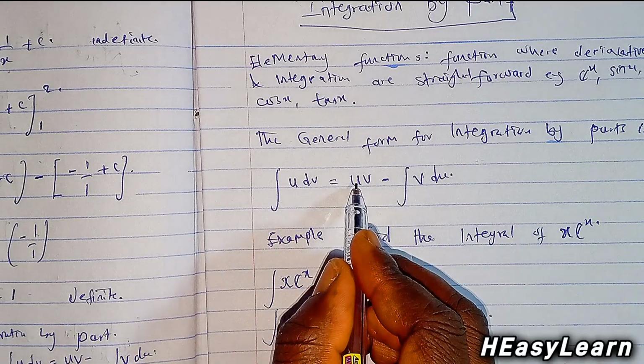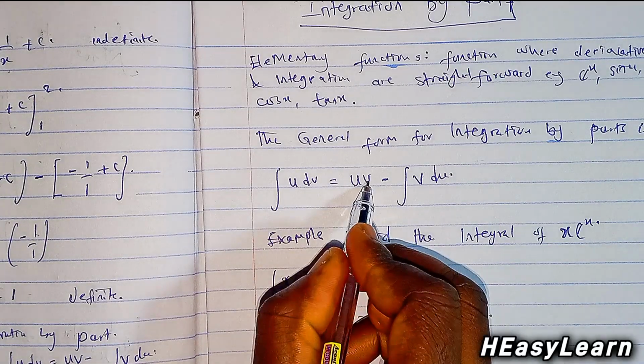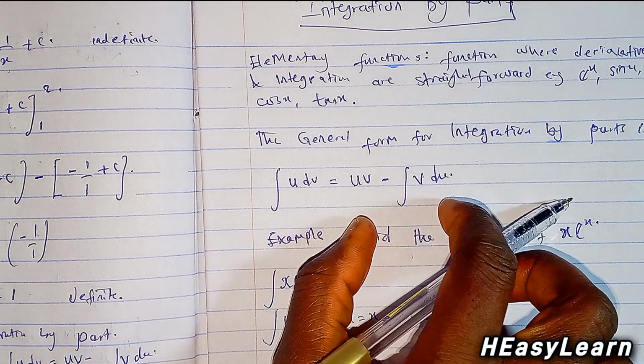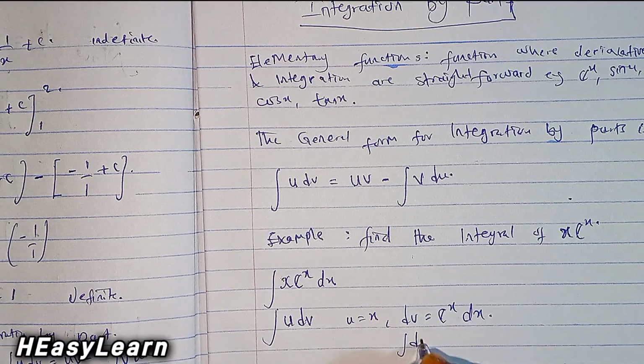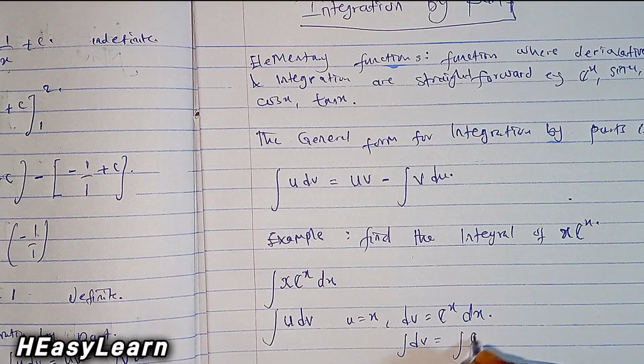So from here, we need u and we need v to substitute into the right hand side. What is u? u is x. To have v, we are going to integrate dv, the same thing as integrating exponential x dx.